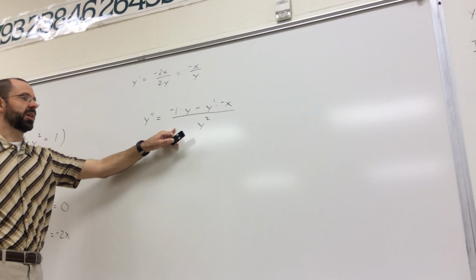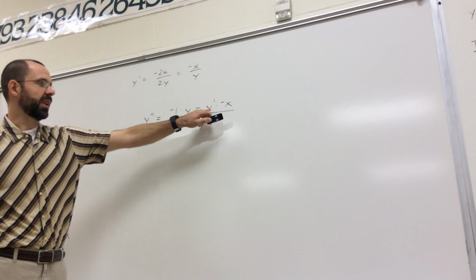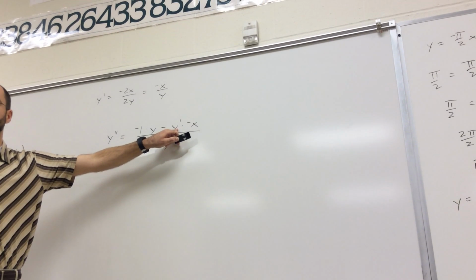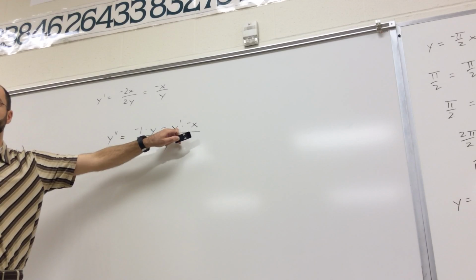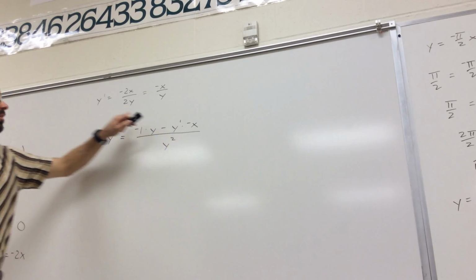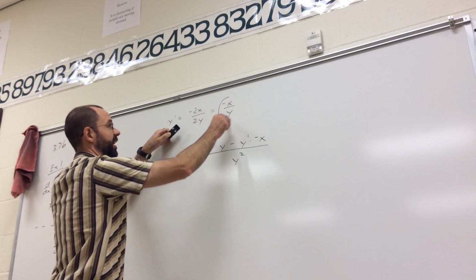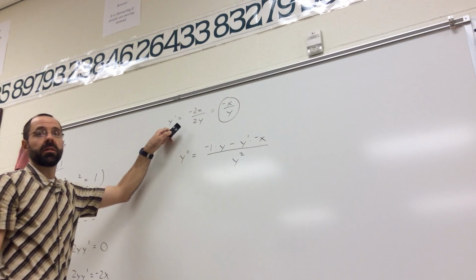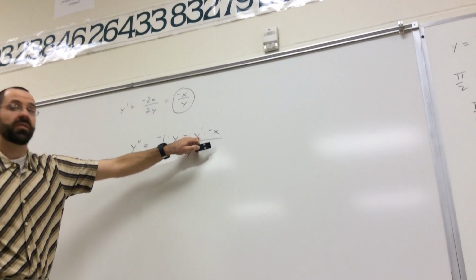The only thing that is a little bit non-traditional is we don't like having y prime in our answer. So we'd like to get rid of that y prime. And the way you can do it is, over here you have an equation for y prime. Y prime is equal to negative x over y. So I can take that negative x over y and put it in place of y prime there.